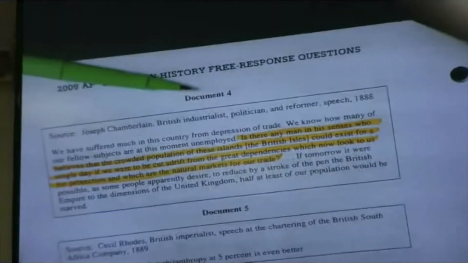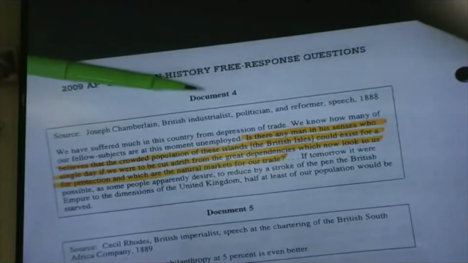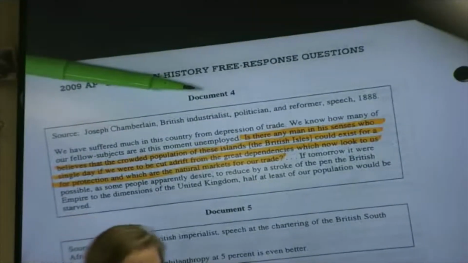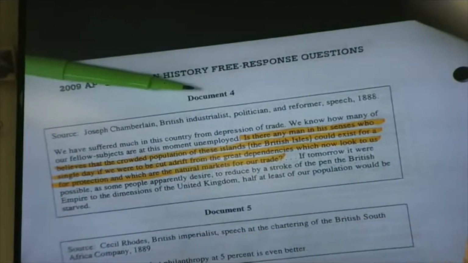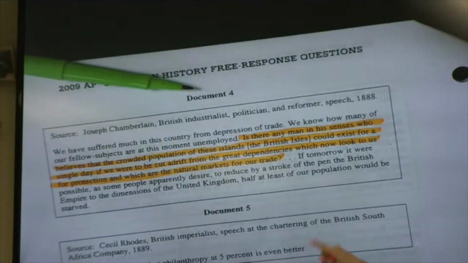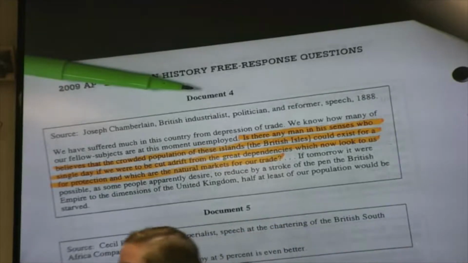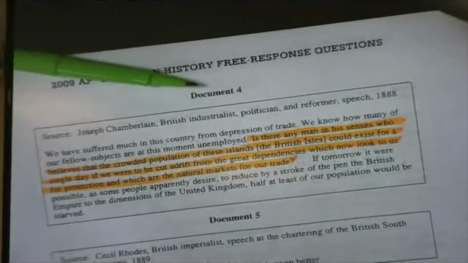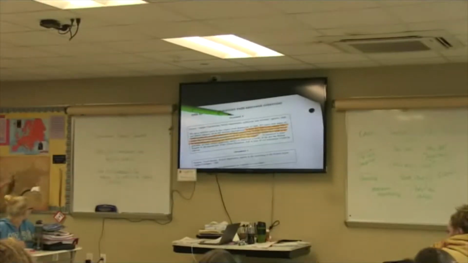He's saying these territories that we control, our colonies, they depend on us for protection, and then they are a natural market for us. Like we have colonies, so we can sell our goods there. Britain's an island. The UK is an island nation. It's pretty small, the small island up here.